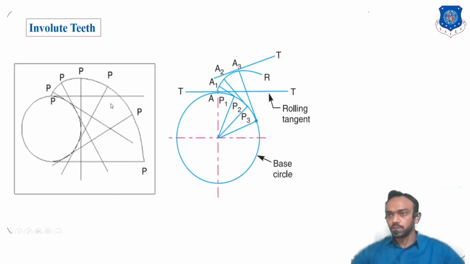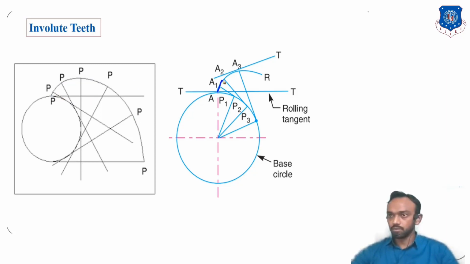Involute teeth, you also learn this profile in EG. The involute curve: you know that if a string is wound around a circle and we unwind this string, we get this curve. If we make a profile from this curve for a gear, it is known as an involute. Okay, so check this out.